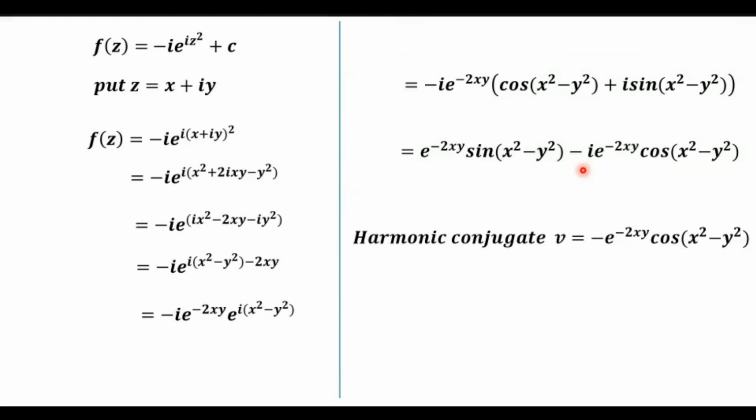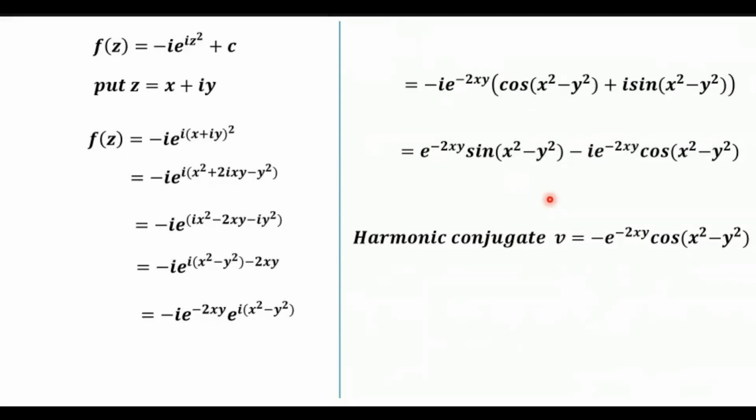You don't even require any answers for that. Once you get the final answer, if the given function u comes out, then your v is going to be right. If you are not getting this u function correctly, it means you have made some mistake. After simplification, when you get the given function as u, it means whatever you have done is right.